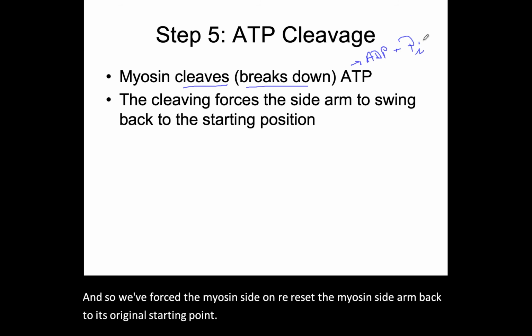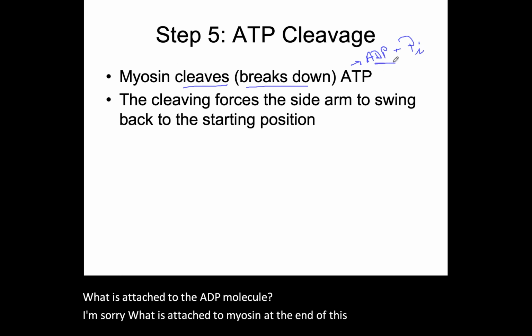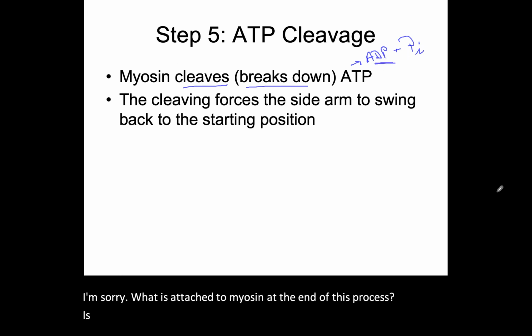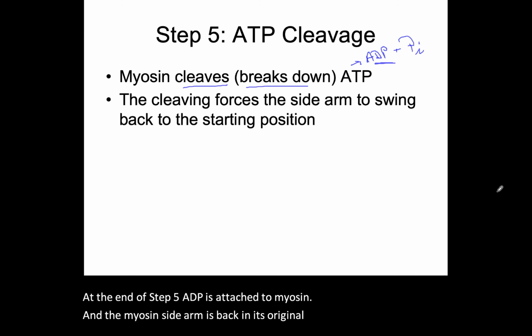And so let's play this out. What is attached to myosin at the end of this process is ADP. At the end of step 5, ADP is attached to myosin, and the myosin sidearm is back in its original place. Right? So what happens next?